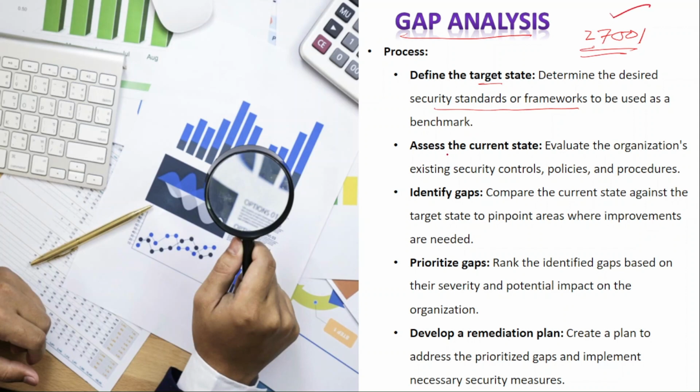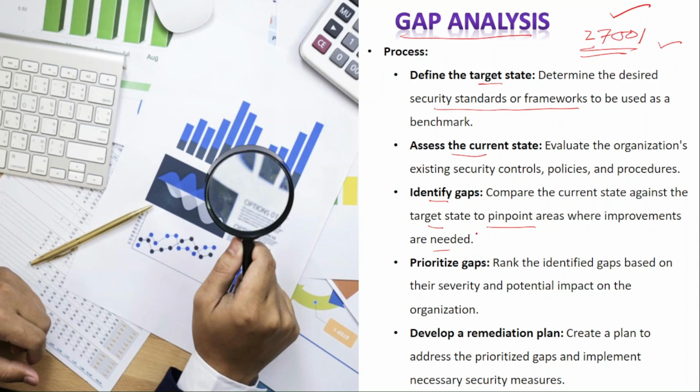Then assess the current state: evaluate the organization's current existing control policies and procedures as compared to this required standard. Identify gaps: compare the current state against the target state to pinpoint areas where improvements are needed. Since you have a target in sight, you can easily identify the gaps and areas where improvements are needed.